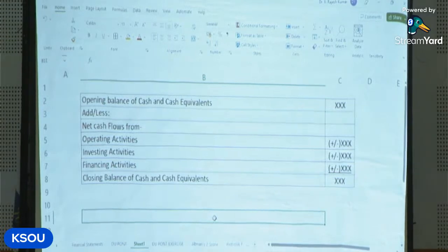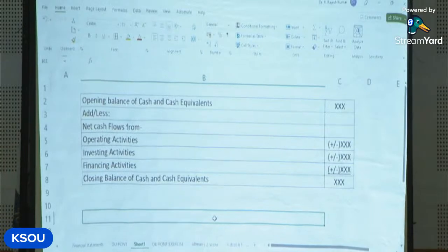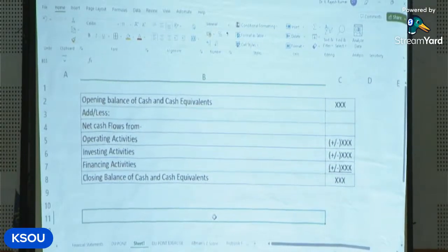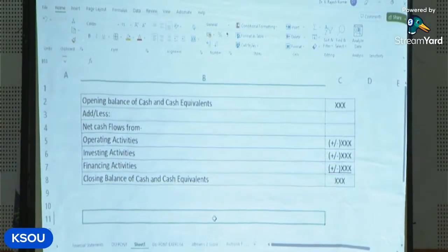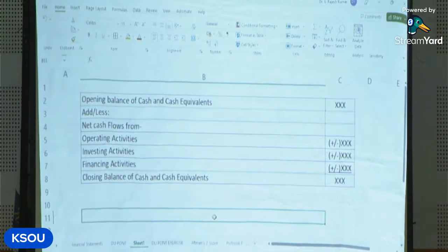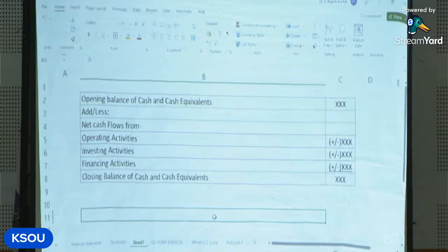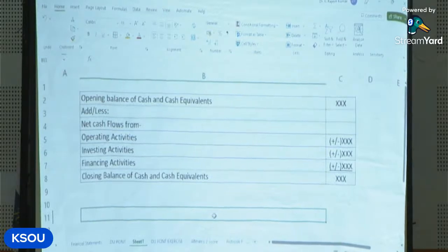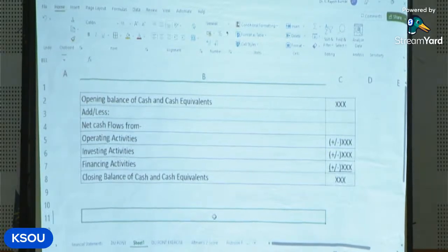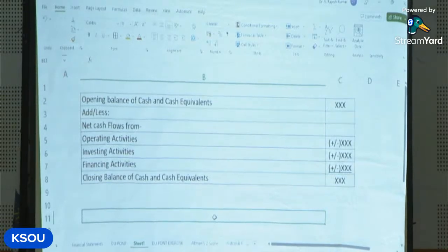Now, quickly, what are the cash inflows from operating activities? From operating activities, what are the inflows? Sales, mainly revenue from operations. How about outflows? Operating expenses, operating cost. So the net cash flow from operating activity is nothing but operating profit or operating loss.